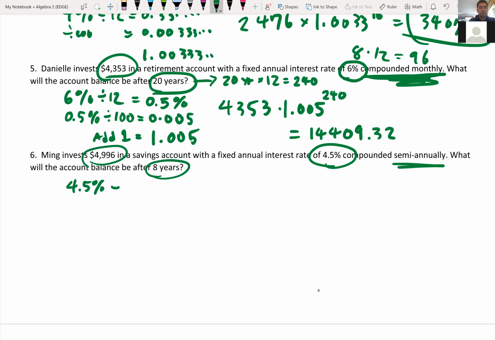So it's compounded semi-annually. That's twice a year, so you have to divide that by 2. 4.5 divided by 2. And what is that? That's 2.25%.